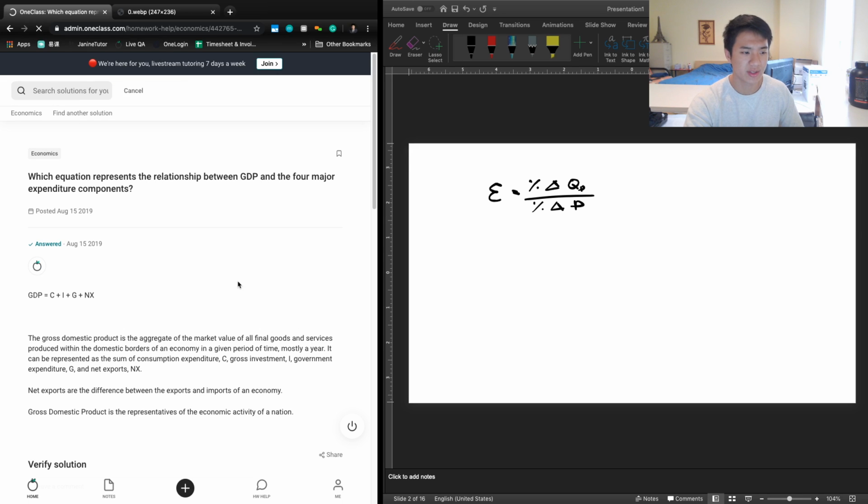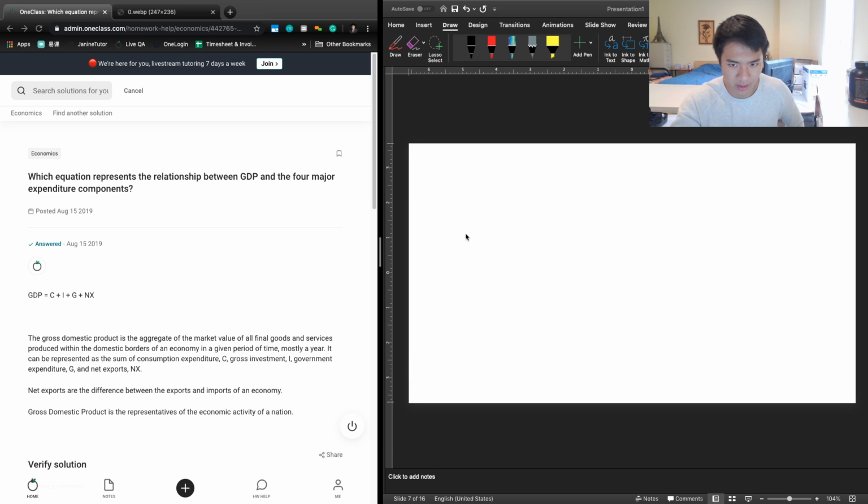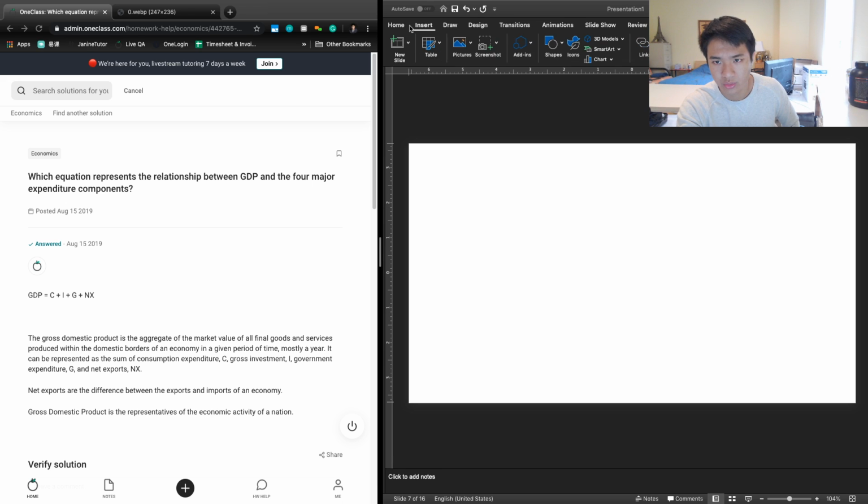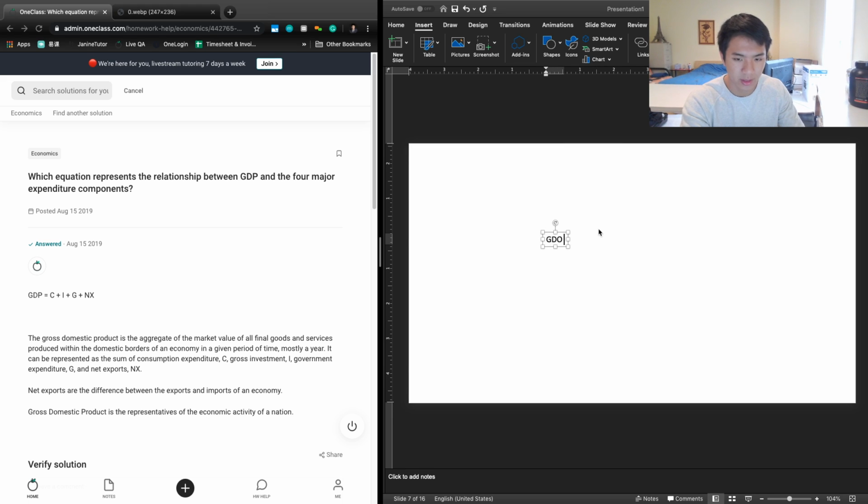So the next question says, which equation represents the relationship between GDP and the 4 major expenditure components? So we're going to write that out as, let me see if I can insert a text box. GDP, or Y, is equal to consumption plus investment plus government spending plus net exports.